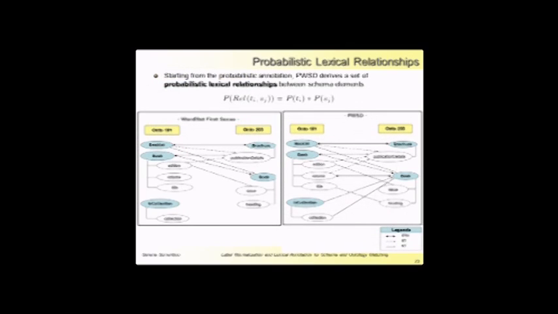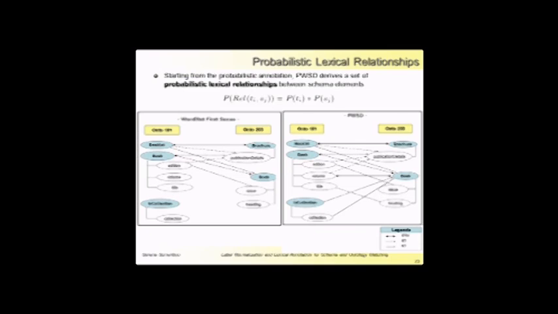Starting from probabilistic lexical annotations, we can discover probabilistic lexical relationships. The probability that will be assigned to each relationship is computed on the basis of the probability of the single annotation. This picture compares the relationships that we obtain by using a very simple heuristic, the WordNet first sense, that is the standard baseline to evaluate each word sense disambiguation algorithm in literature.